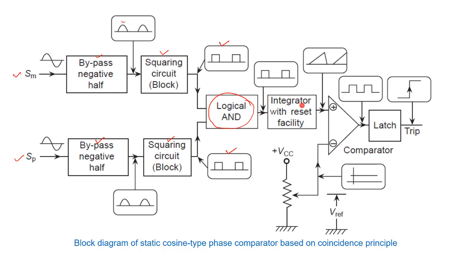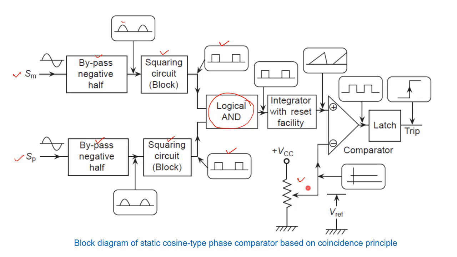and that coincidence period, if it is passed through the integrator circuit, then we can very easily find the integrated waveform, and that output will be passed through the comparator, which will compare the integrator output with a reference value.